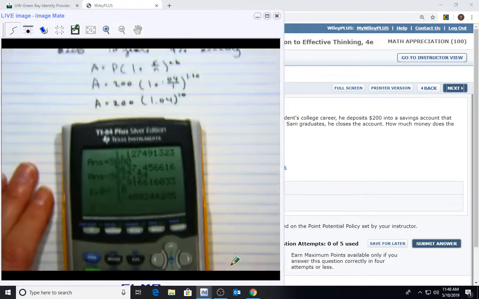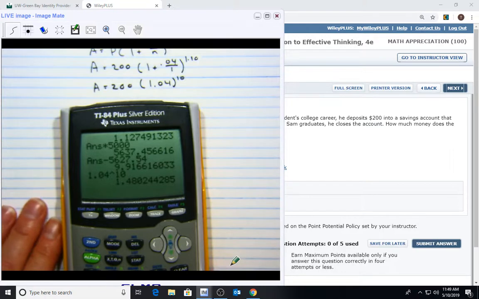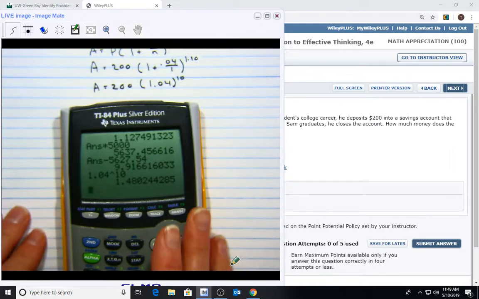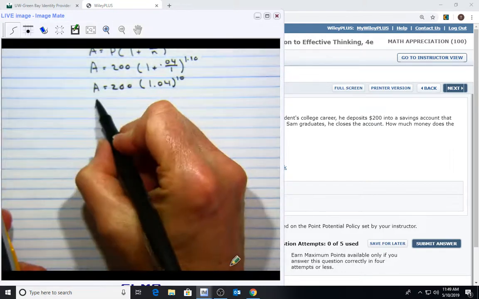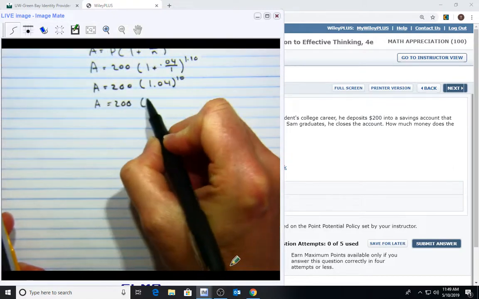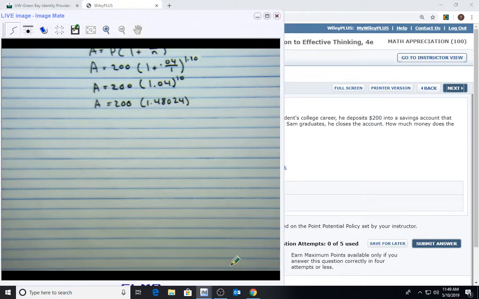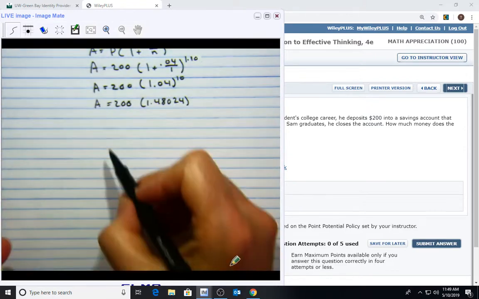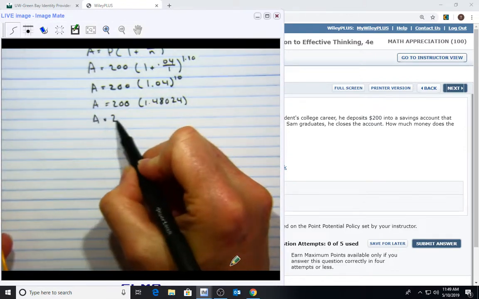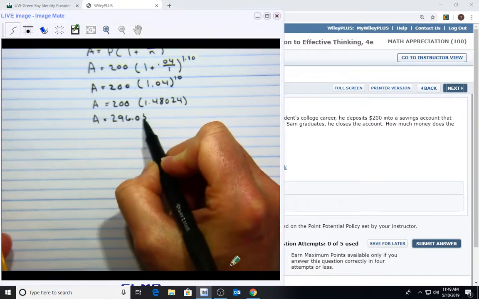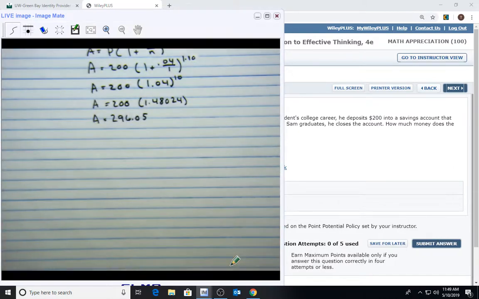So 1.04 raised to the 10th power is 1.48024. So the amount almost grows half again as much.